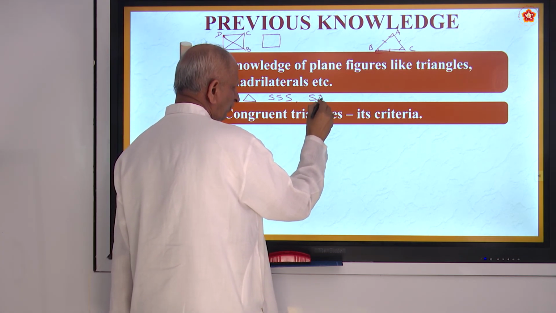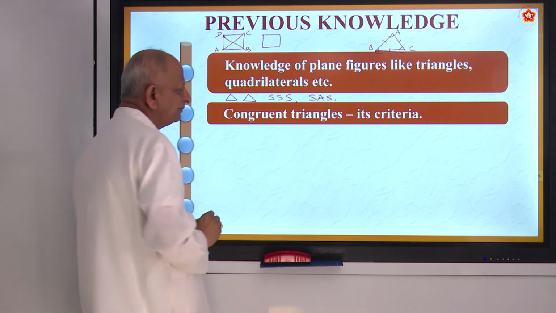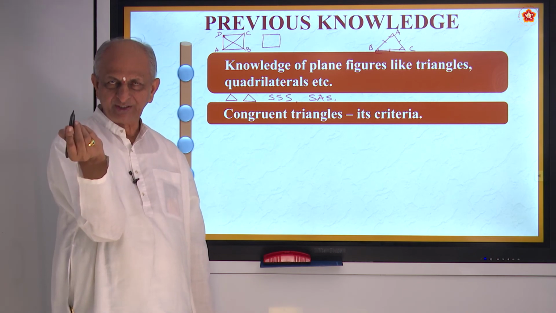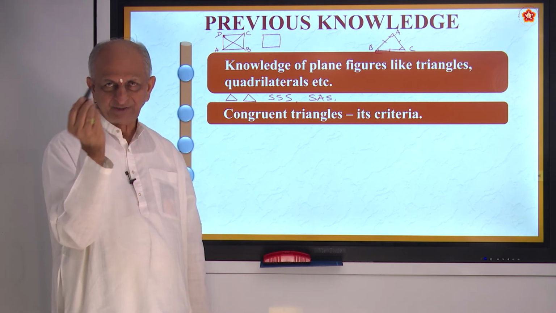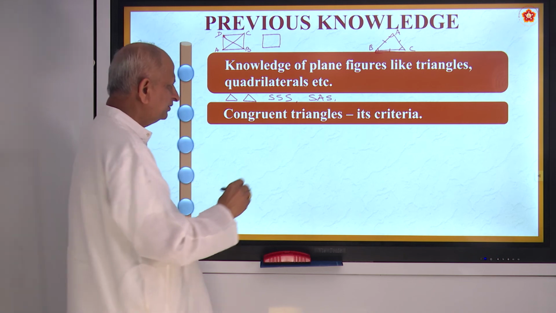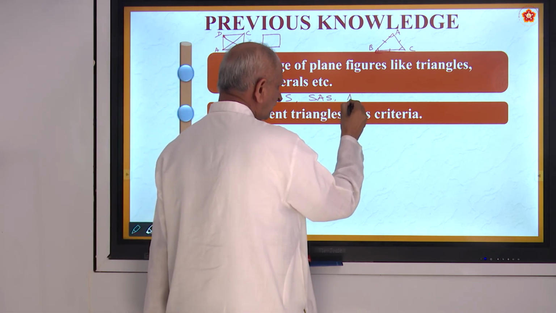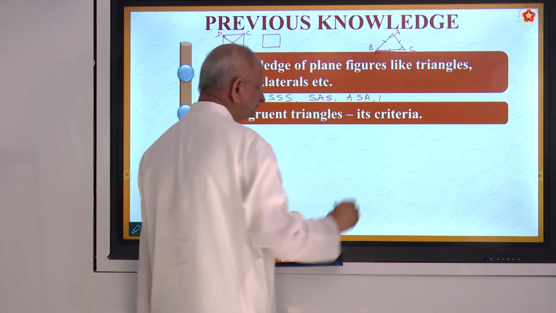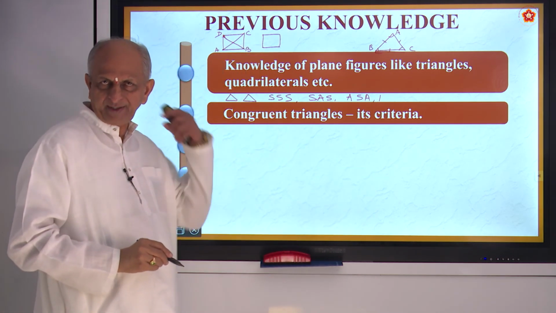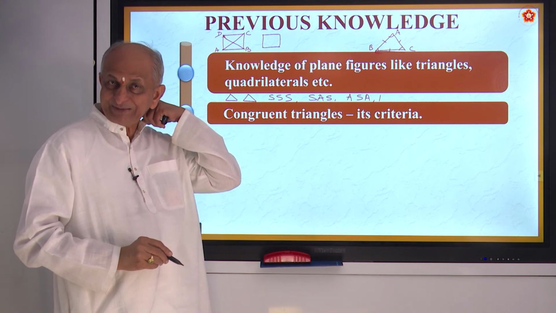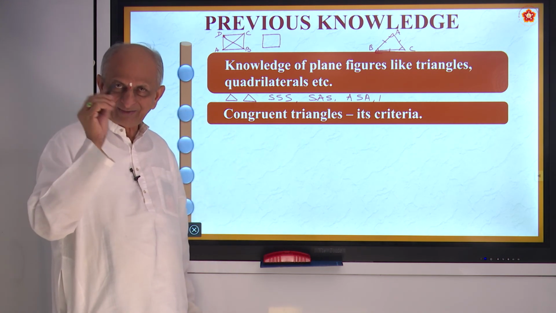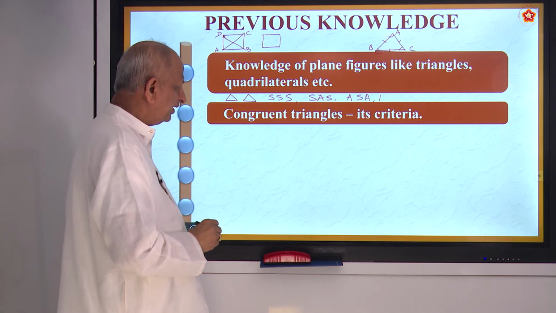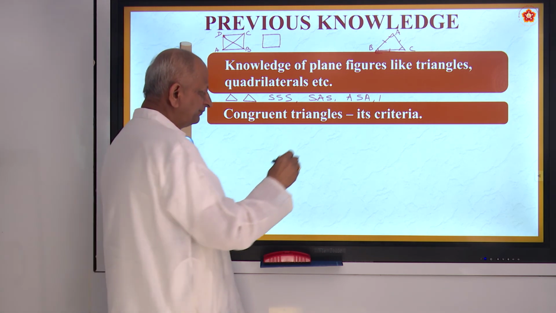Or 2 sides and 1 angle of one triangle are equal to 2 sides and 1 corresponding angle of the second, then also we call it congruent. Or you can say 2 angles and 1 side of one triangle are equal to the corresponding angles and side of another triangle, then we call them congruent triangles.